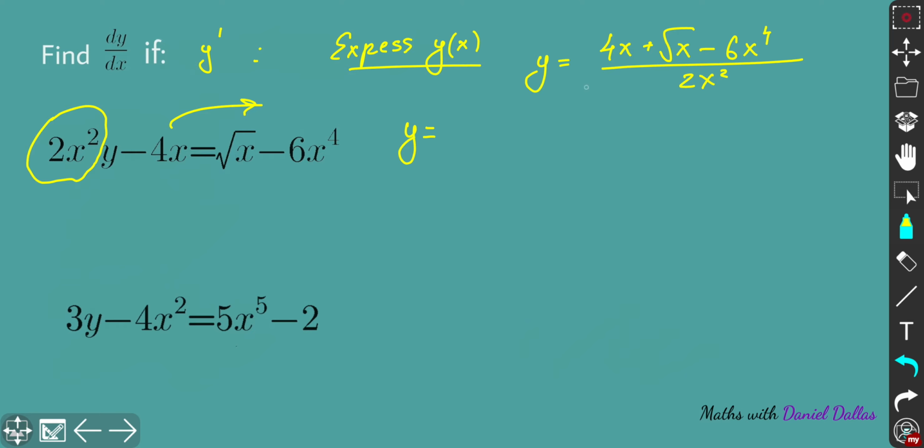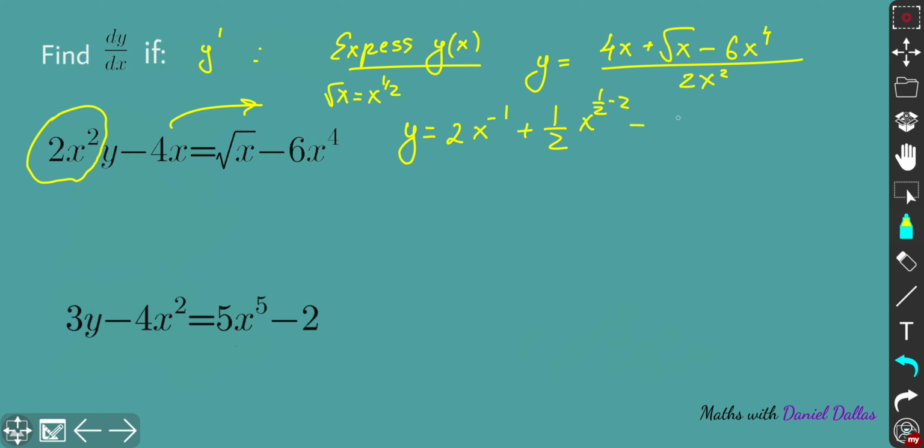So 4x over 2x squared is going to be 2x to the negative 1, okay? Square root of x, I represent as x to the power 1 over 2. So the resultant power is going to be, first 1 over 2, the constant multiple, and x to the 1 over 2 minus 2.